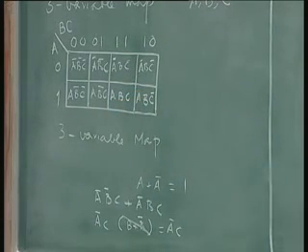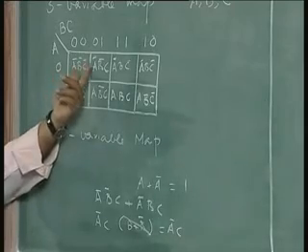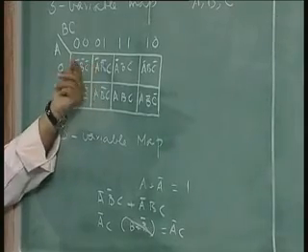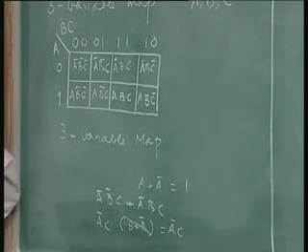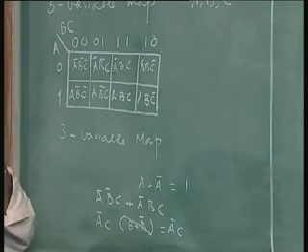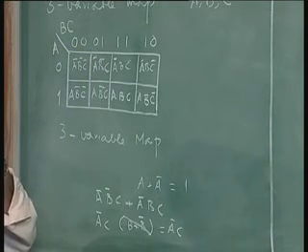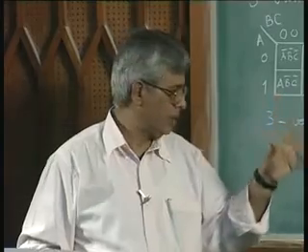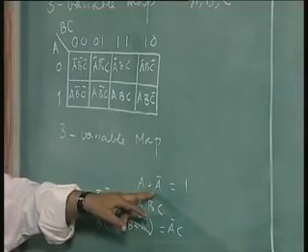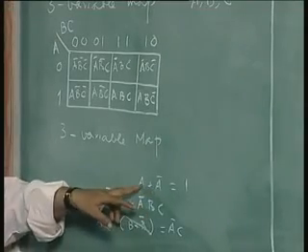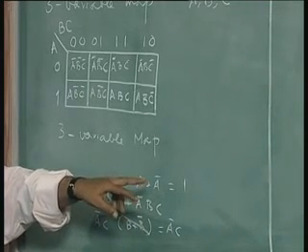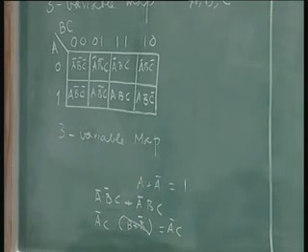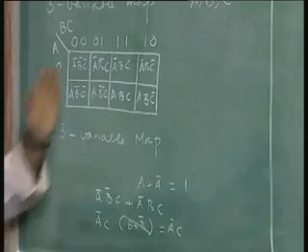The advantage of this representation is between two adjacent cells, either in this direction or in this direction, only one of the variables changes from 0 to 1 or 1 to 0. The other variables remain the same. That means I can use this formula repeatedly. This formula, identity A or A bar is 1, can be used if two adjacent cells are both 1.